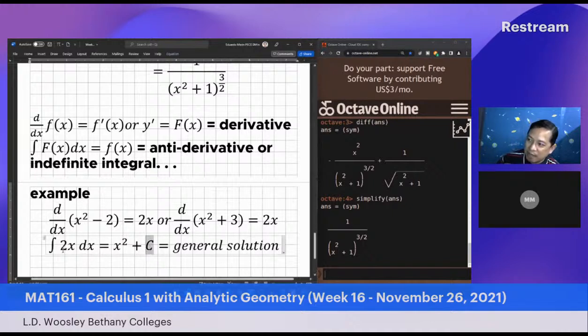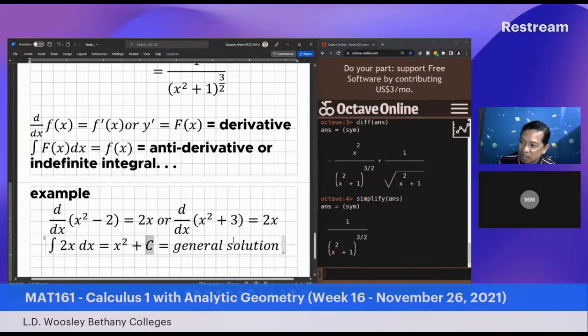That's why every time you perform an indefinite integral, or something that doesn't have any limit at all, by the way, the limit will define the integration. So without any limit, it's an indefinite integral. Meaning what we have is just a general solution, without any particular solution.